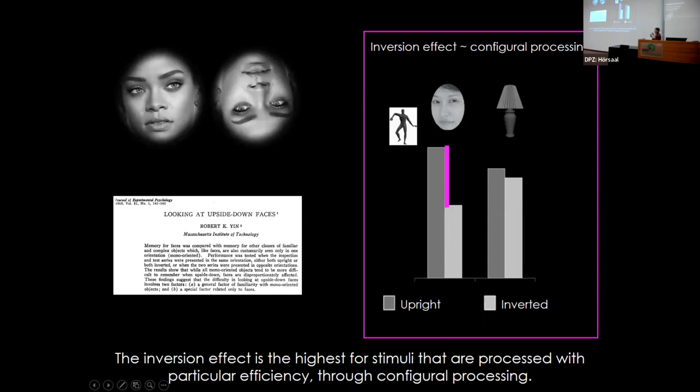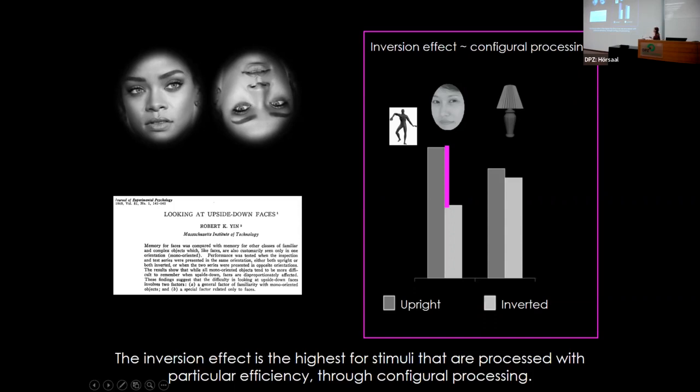This is a very complicated and even controversial field of research, but for the sake of this talk, just keep in mind that the magnitude of this effect, the inversion effect, is a marker of how much the visual system is sensitive to a given stimulus.